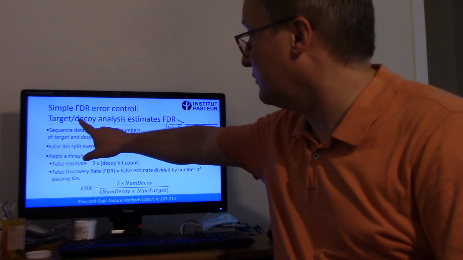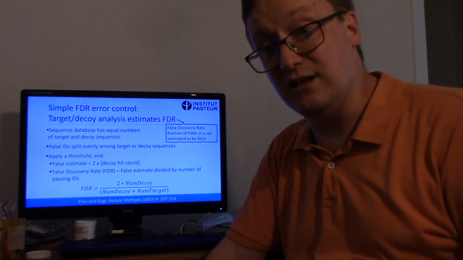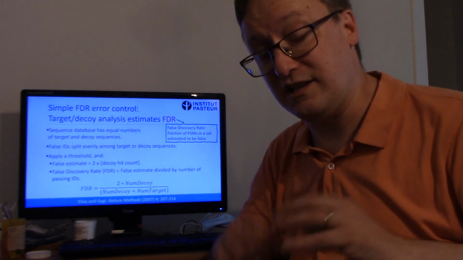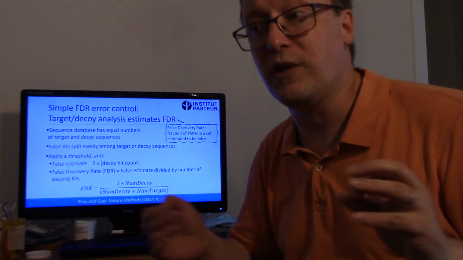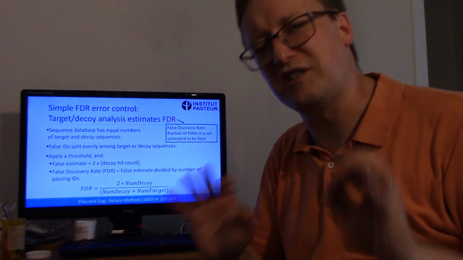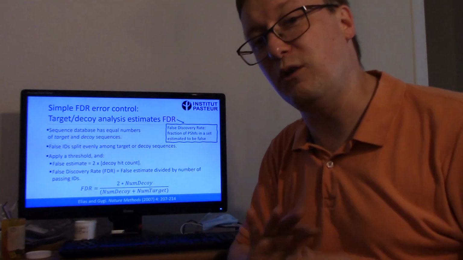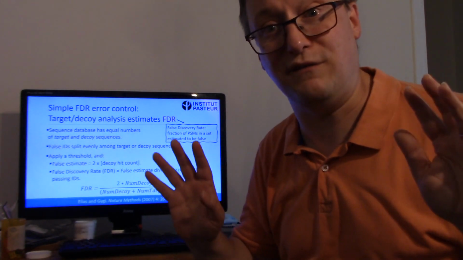So the typical way that we do this is target-decoy analysis, which means that when we do our database search, we're going to provide sequences that are real, to reflect, say, the real human proteome, but we're also going to include some number of sequences that are decoys, which is to say they are sequences that do not exist in nature and have not been identified.